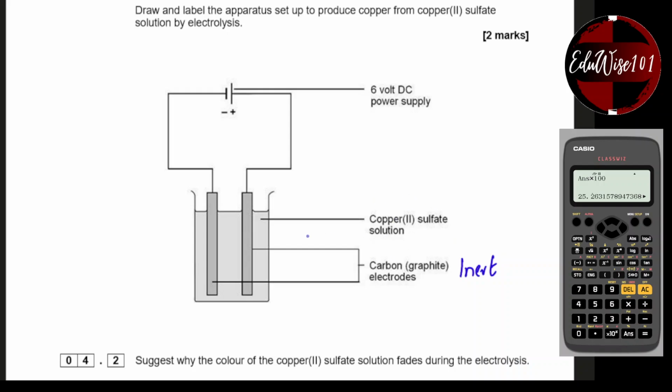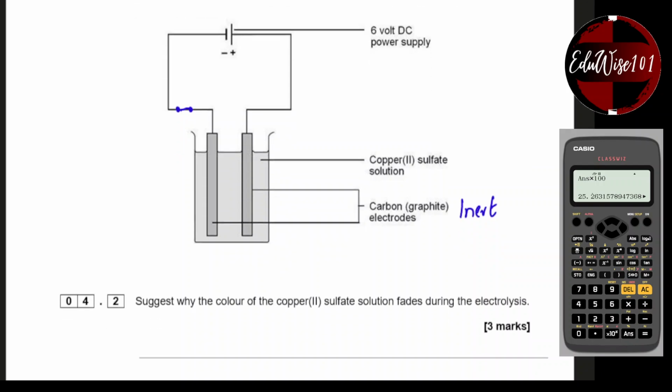That's a copper sulfate solution, DC, and what's missing is actually a switch. So if I was to add a switch, a closed switch in this case, so that the circuit is not broken, and that gives you the 2 marks.